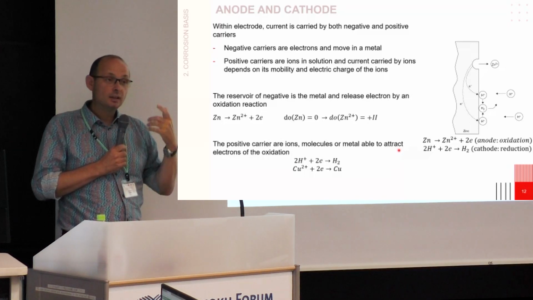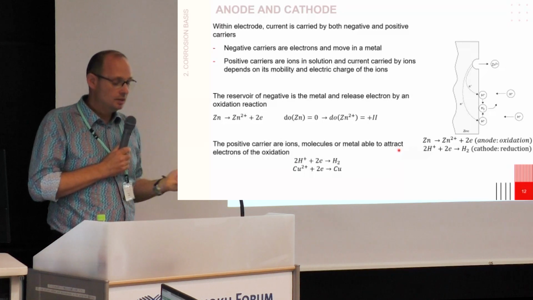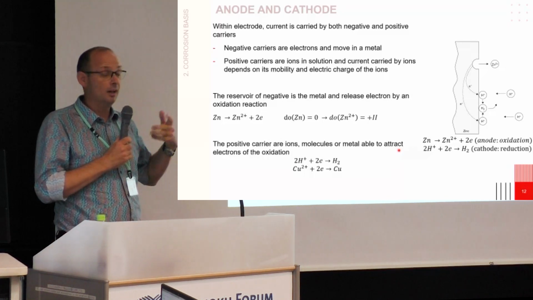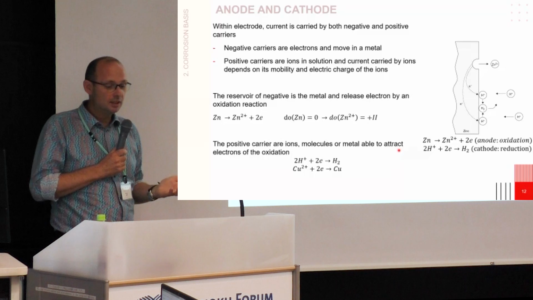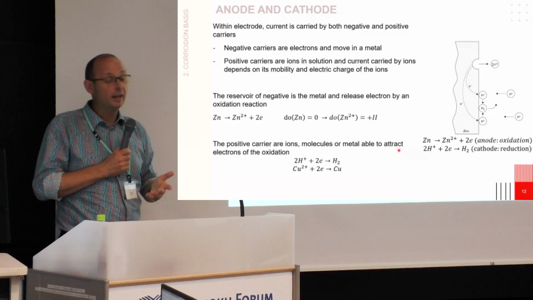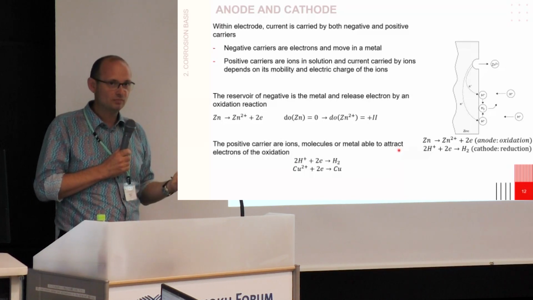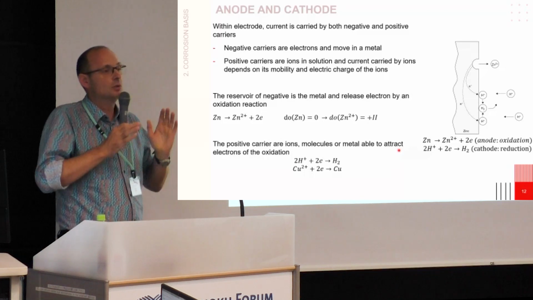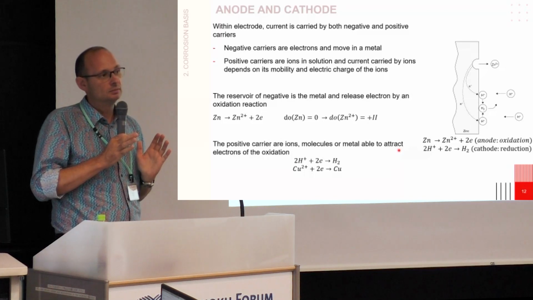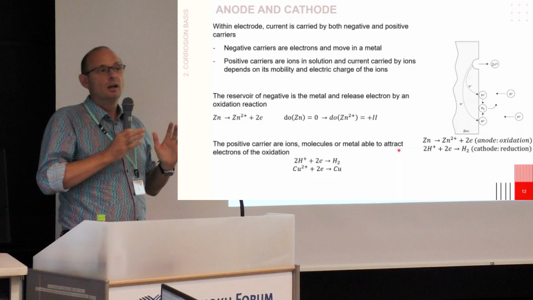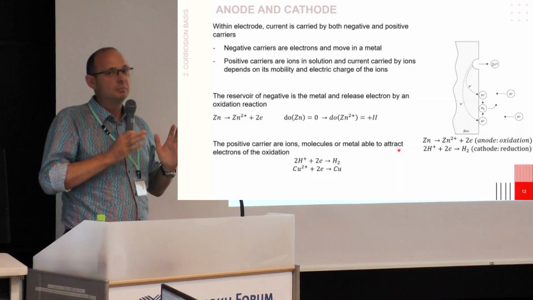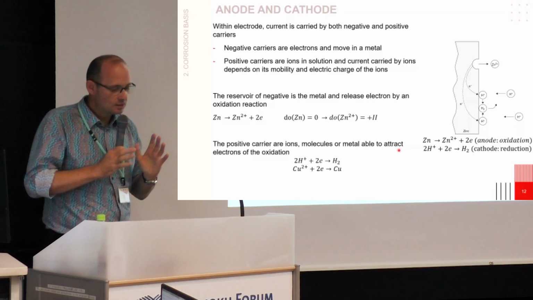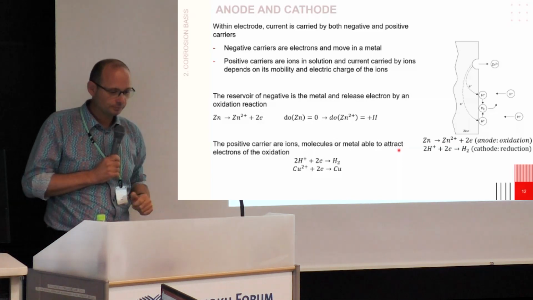Okay, and if there are ions in solution, that means their mobility will depend on the electrical charge, but also the potential gradients, convection, migration, and so on. So there are a lot of parameters.